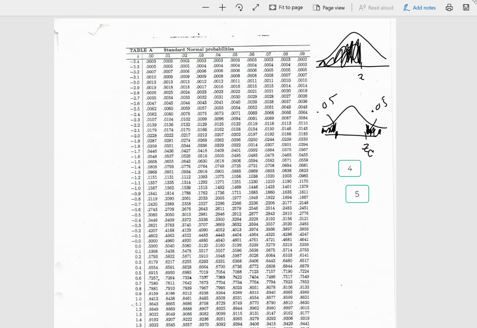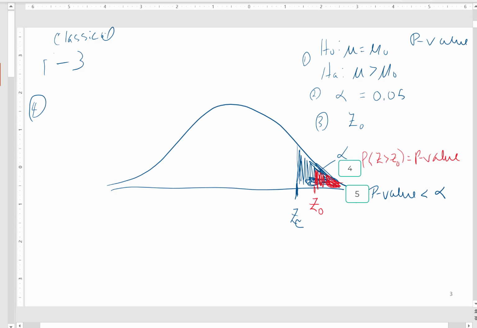If I look for 0.05, I don't see it. I see something a little bit greater and something a little bit less, remember? So 0.05, equidistant, is how we got negative 1.645. So for a right-tailed test, the critical value would be a positive 1.645. That means the critical value here is 1.645, and my test statistic is greater than it.